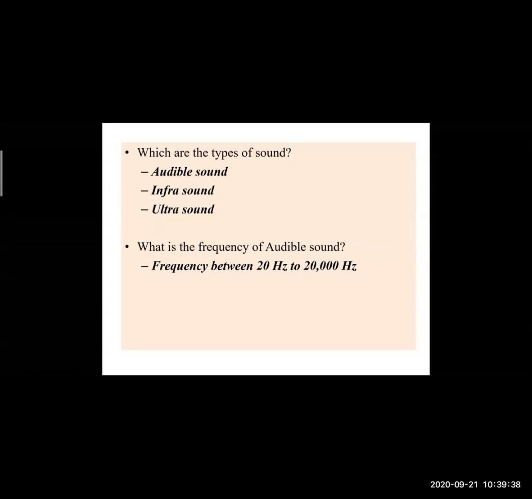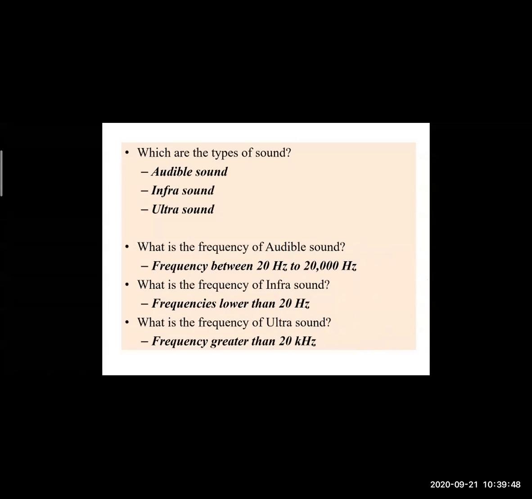Then we have seen that the frequency of audible sound is 20 to 20,000 hertz, the frequency of infrasound is below 20 hertz, and the frequency greater than 20 kilohertz or 20,000 hertz will be called ultrasound.